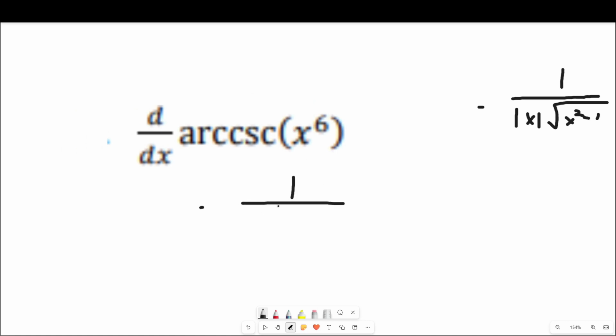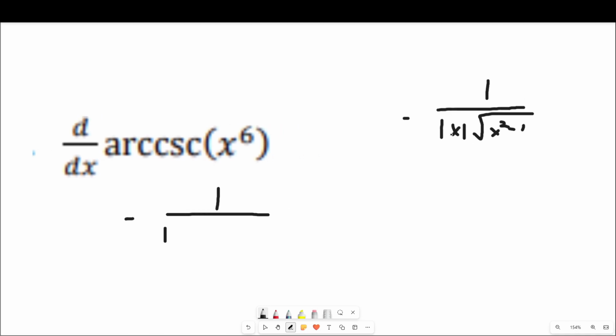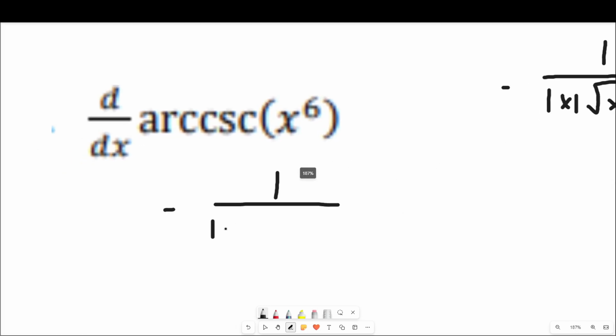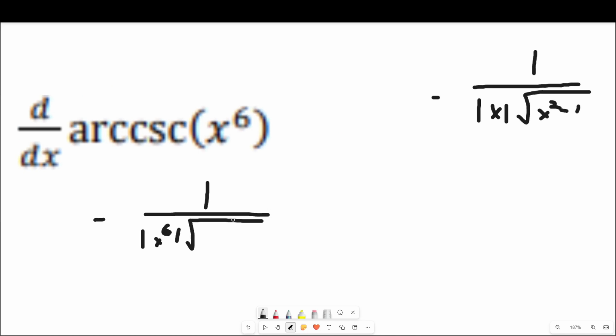So I'm going to do negative 1 over, and then x is our argument, so it's going to be the absolute value of x to the 6th power, and then multiplied by x to the 12th power, because that is just going to be x to the 6th squared minus 1.